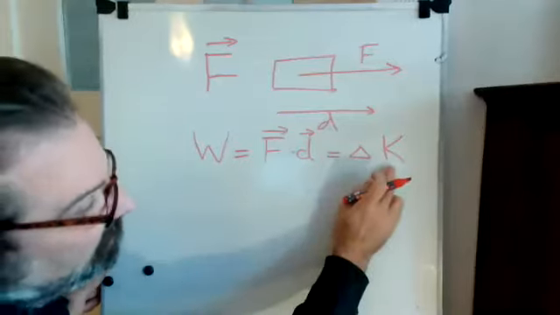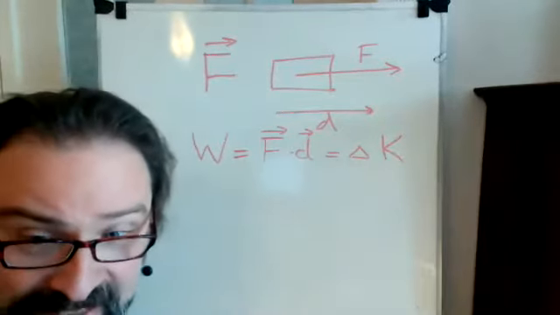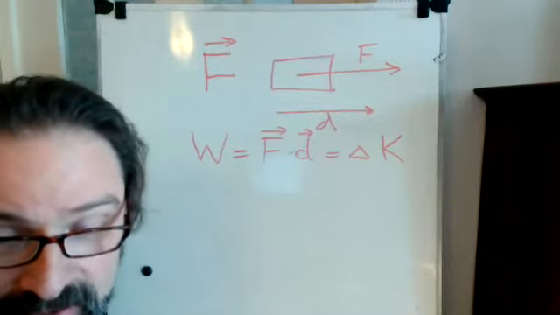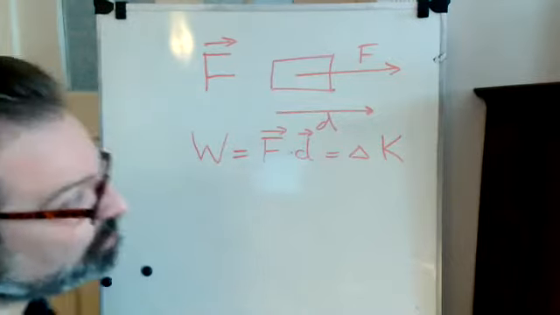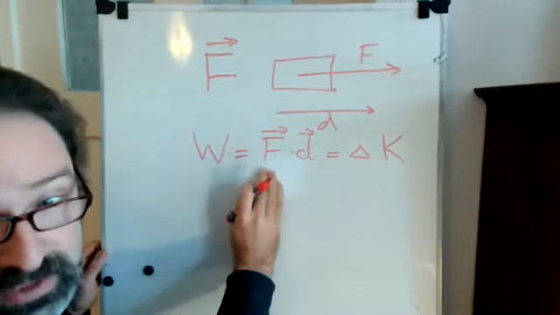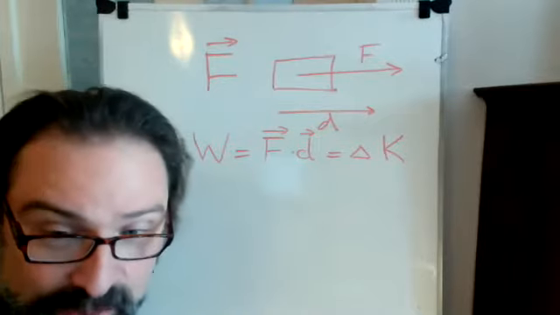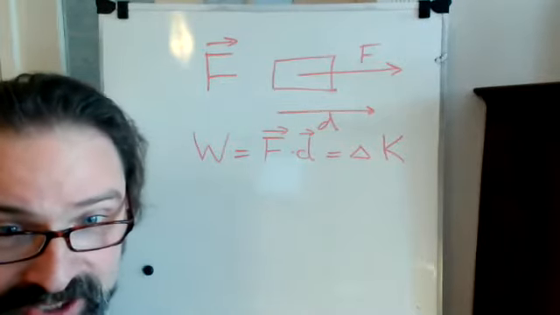Because kinetic energy contains velocity in it, this means that we can figure out how much the velocity changes by knowing how much force was exerted over what distance. And we looked at this in different ways, including through the conservation of energy.